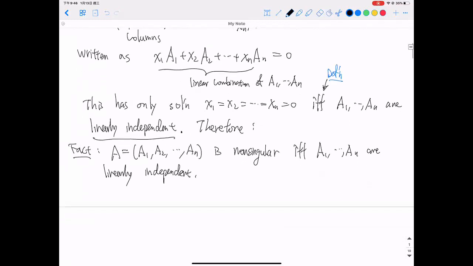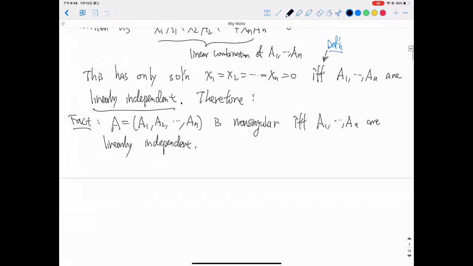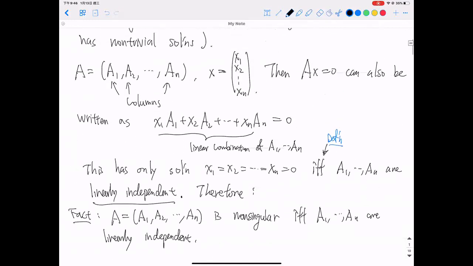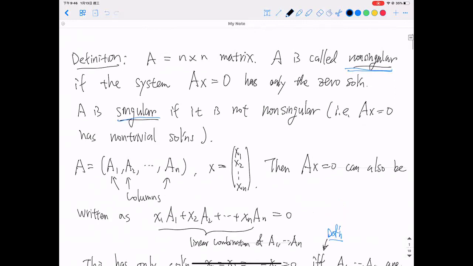Now let's do some examples. Let's say we are interested in this matrix and we want to decide whether it's non-singular or singular. According to the definition, what we need to do is to study the system AX equal to 0.